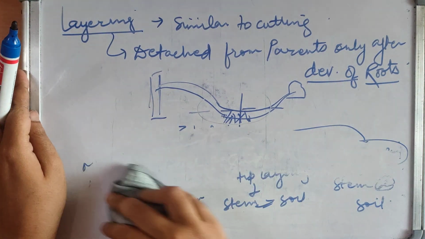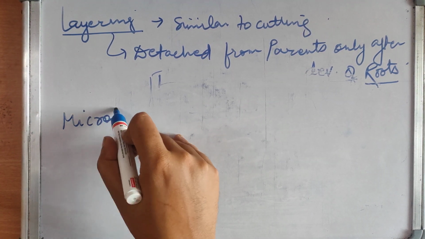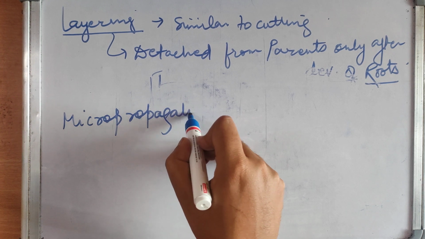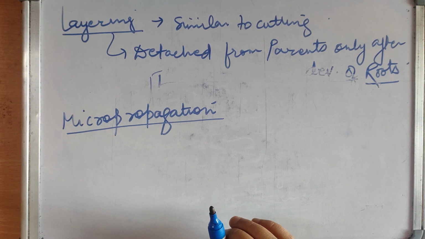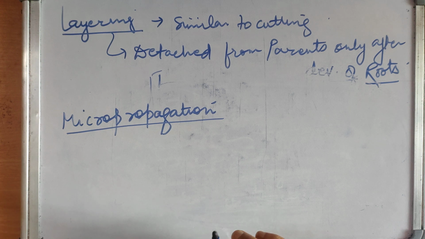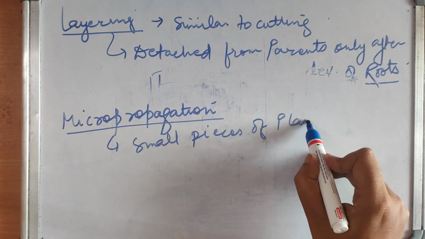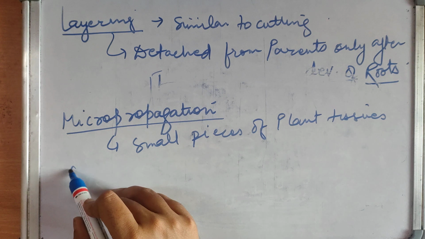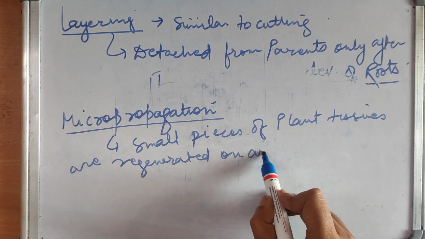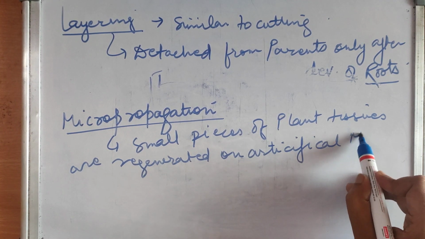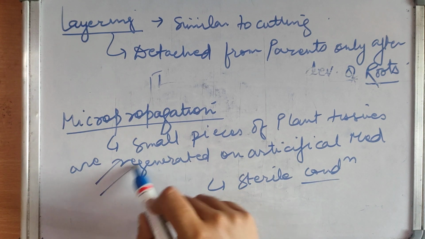The last type is micropropagation. Here small pieces of plant tissues are regenerated on artificial medium under sterile conditions, and these are mainly disease free plants.